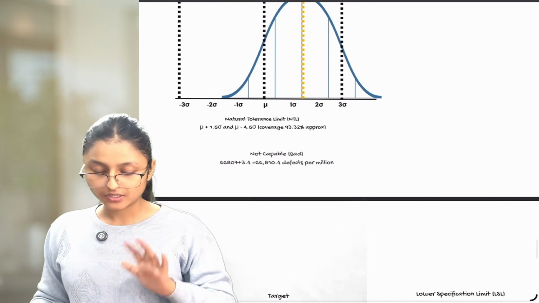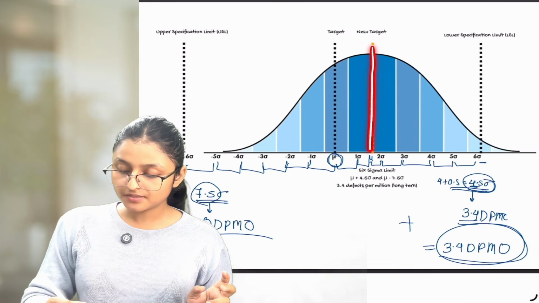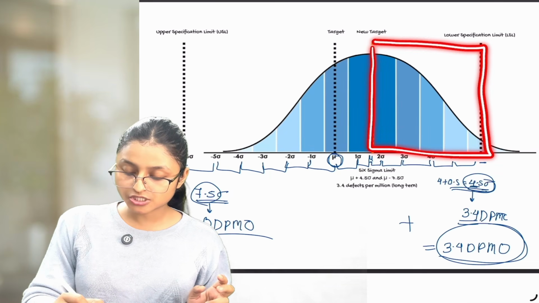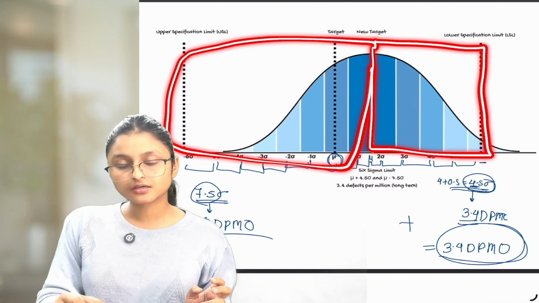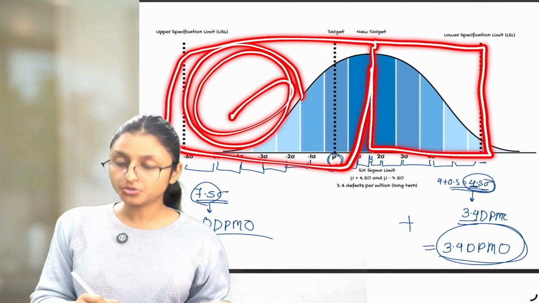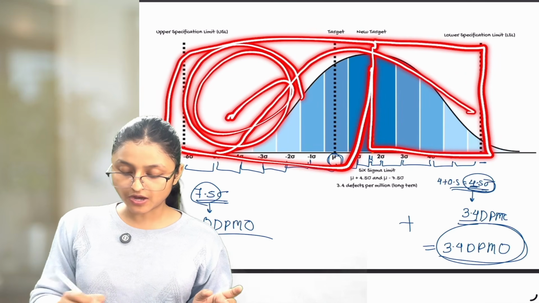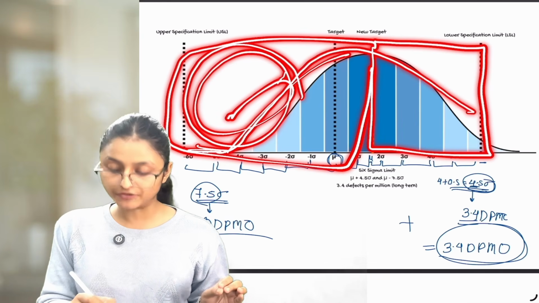Done. Now, if you notice, whenever this shift happens, our mean becomes near to one specification limit and goes far away from the other specification limit. So there are very few chances of failing to achieve the output on the far side, because the normal distribution curve has become very far from that specification limit.